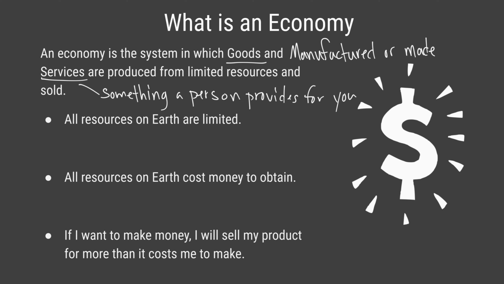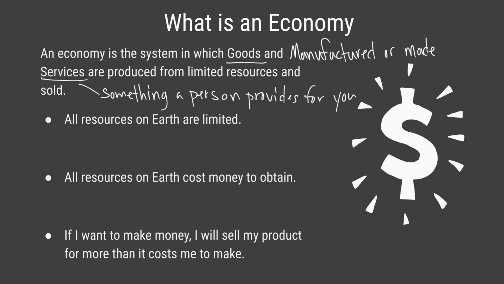So this could be like getting your hair cut, right? You're not purchasing a product when you get your hair cut. You're just having something done for you. So getting your hair cut is a service. Someone mowing your lawn is a service. So an economy is a system in which goods and services are produced from limited resources and sold.